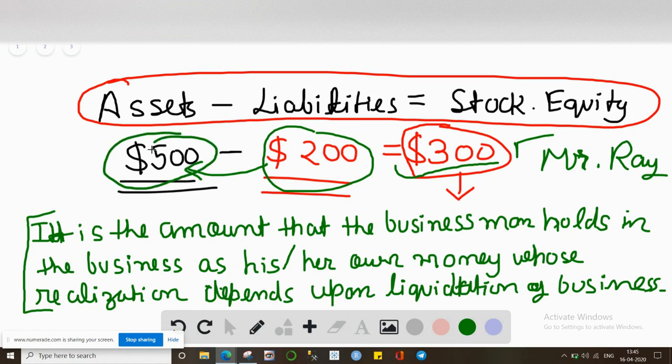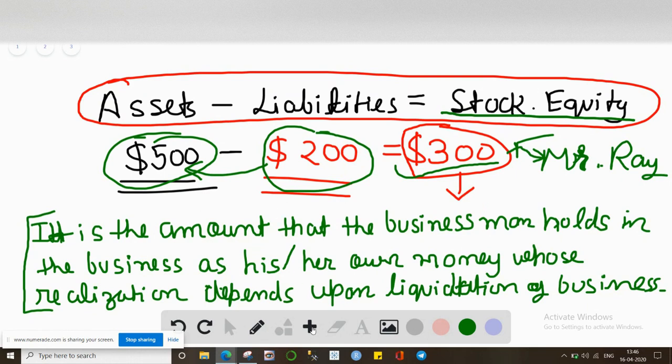Whatever the assets may be, cash, debtors, receivables, or bank deposits, after paying off the liabilities of $200 from the assets, whatever amount is left will be attributable to Mr. Ray as a businessman, and this will be stockholder equity.